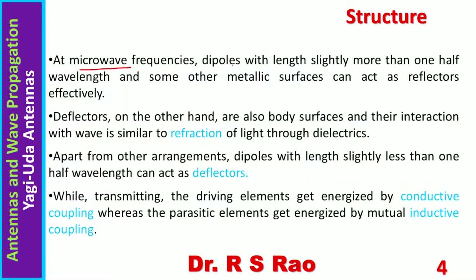At microwave frequencies, dipoles with a length slightly more than one half wavelength and some other metallic surfaces can act as reflectors effectively. Dipoles with length more than one half wavelength act as reflectors. Other metallic surfaces are also there, which can act as reflectors.